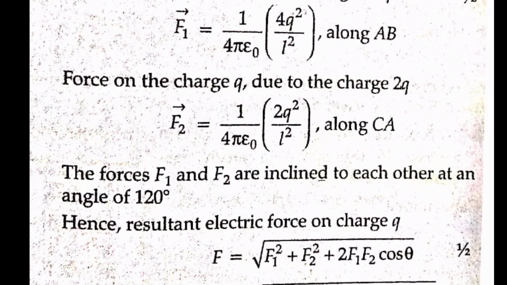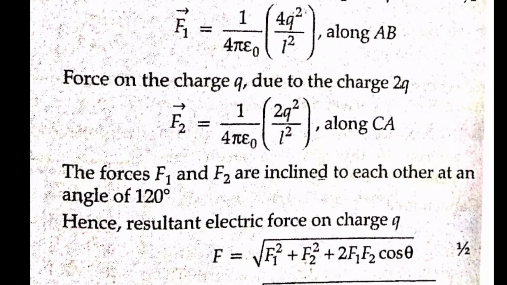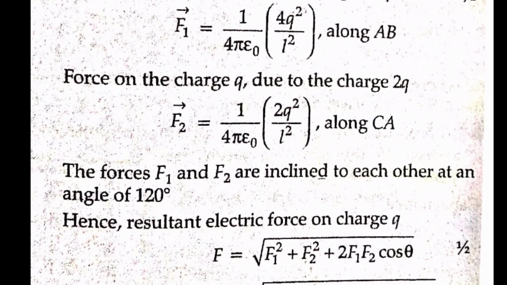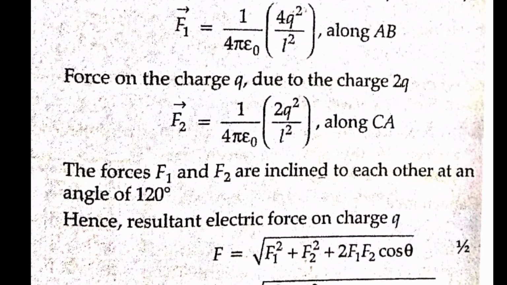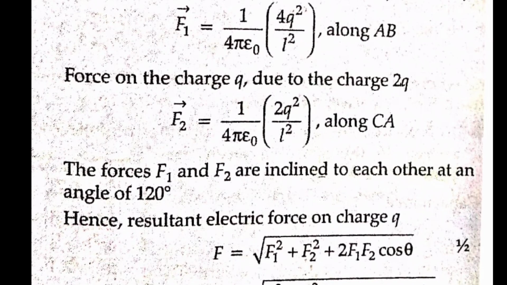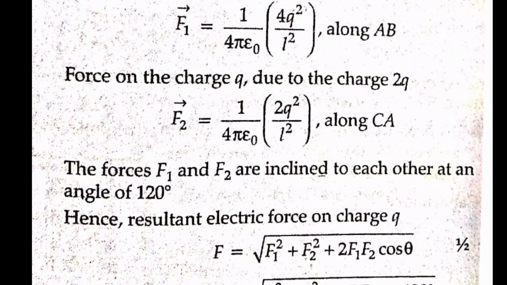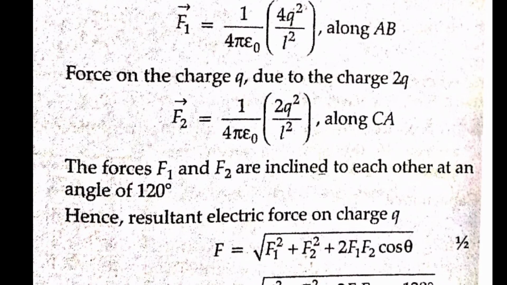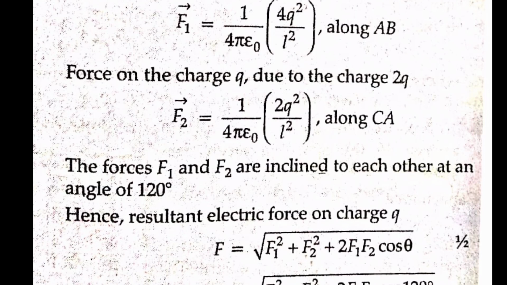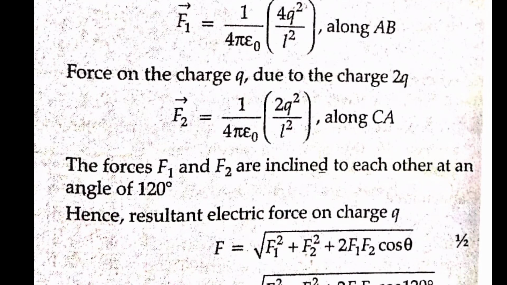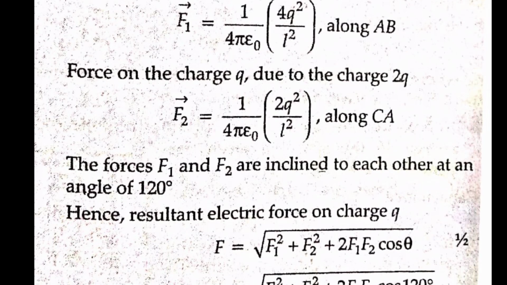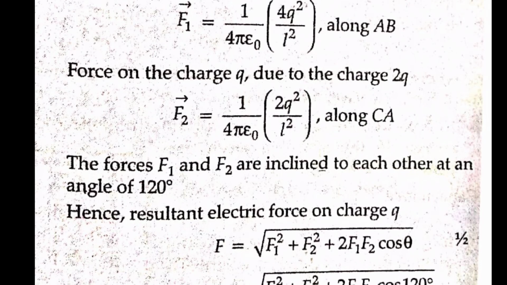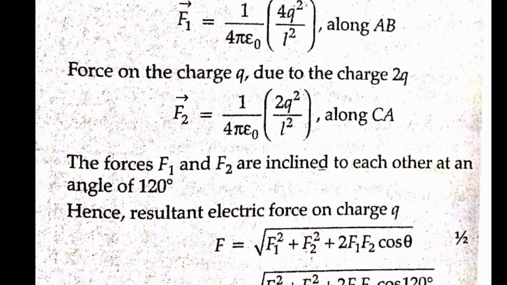Here we can see that the forces F1 and F2 are inclined at an angle of 120 degrees, which we can see in the next diagram. So how can we find the resultant? By using the parallelogram law of vector addition. We know F is equal to root of A square plus B square plus 2AB cos theta. That is the general equation for finding the sum of 2 vectors, right?